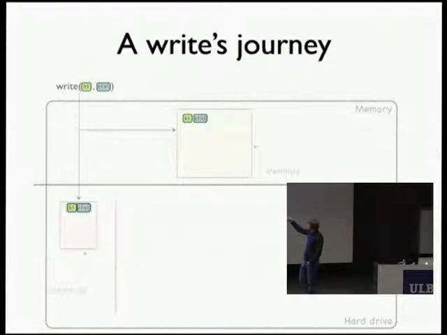So we write the column C1 in the row K1, and the mem table is really kind of a hash map of the row key to the columns that it contains. So when the mem table is empty, I just add this new entry that for K1 I have column C1.